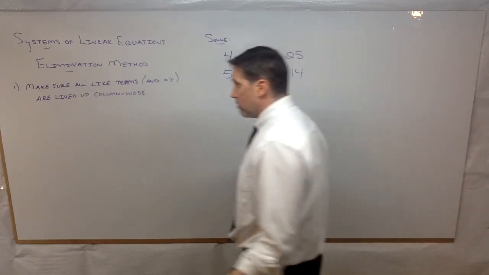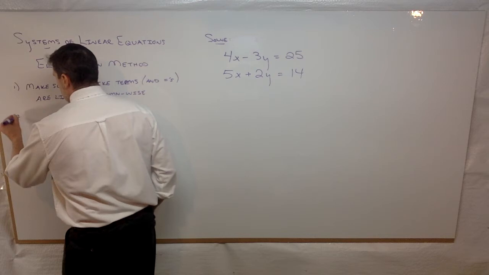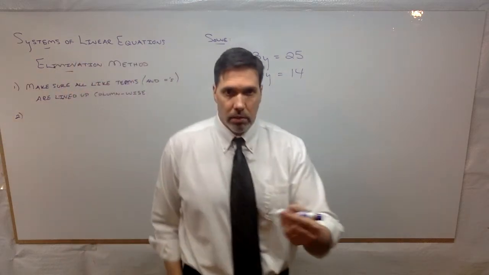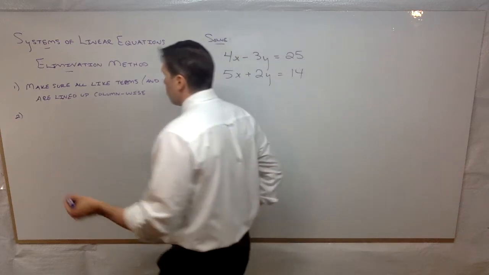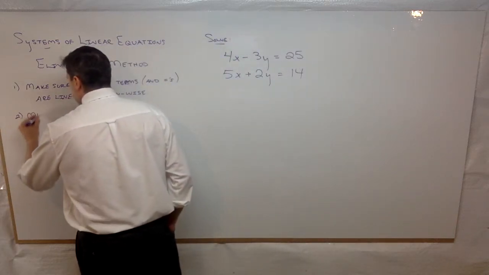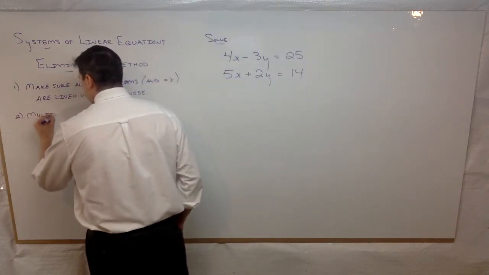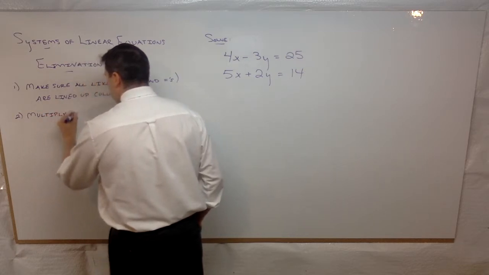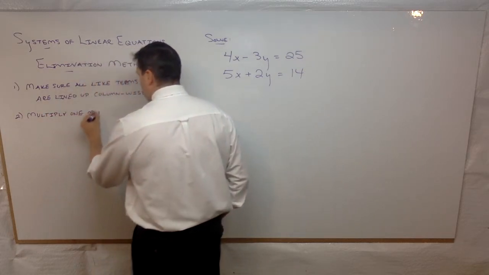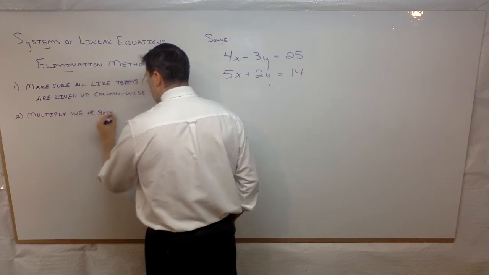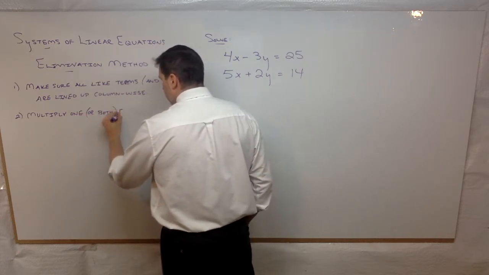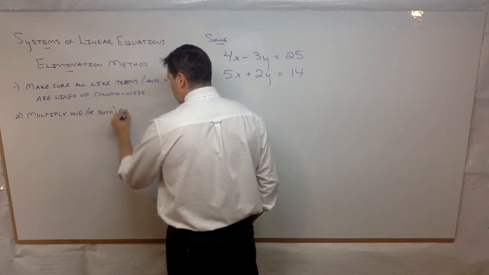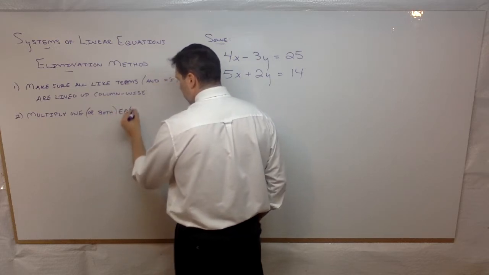Okay, now in step 2, this takes a little bit to describe, but the idea is, I think the concept is much easier. So we're going to say multiply one or both equations, put that in parentheses, one or both equation or equations, plural.